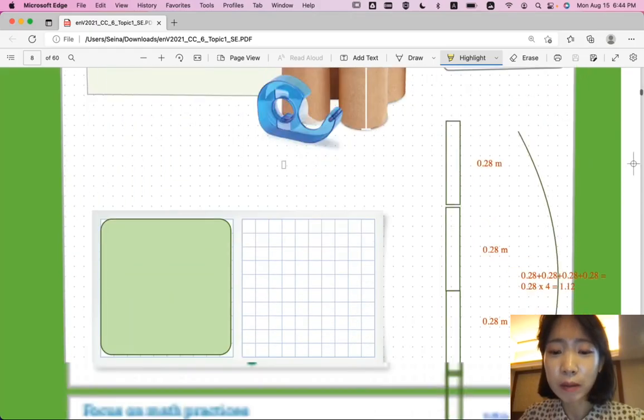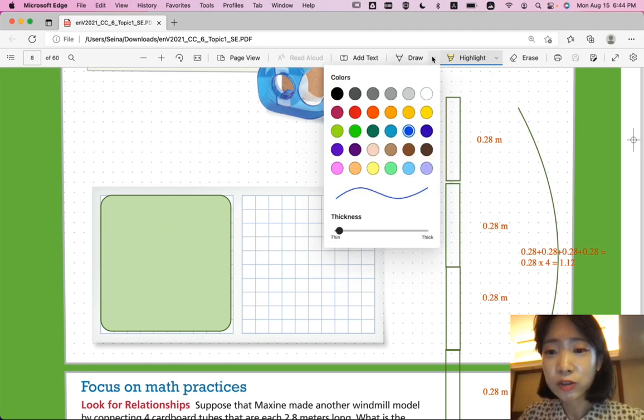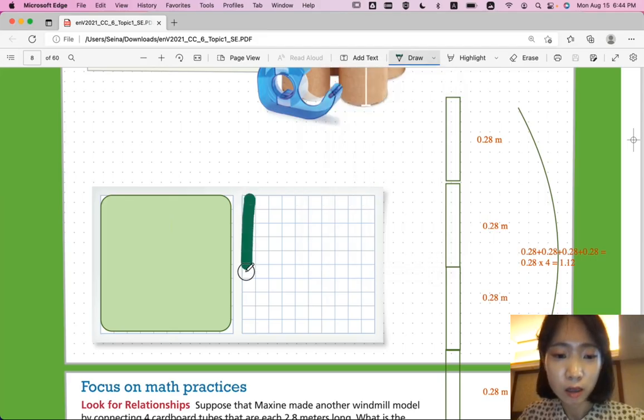So in the diagram, you will see that you have 2 big boxes of grid lines. Each box contains 100 little cubes inside. So each box represents 1 meter. And so you're going to shade the whole thing to represent 1. And you're going to color 12 cubes on the next graph.